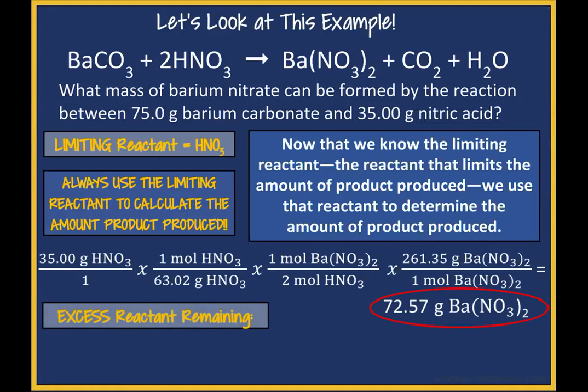How much excess reactant do we have left? We're going to take the 75, which is what we have, subtract off what we need, which is the 54.8, and we're going to have an extra 20.2 grams of barium carbonate that we're not even going to use for this chemical reaction.